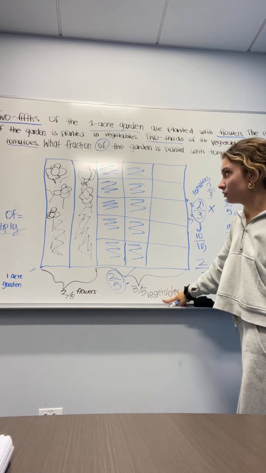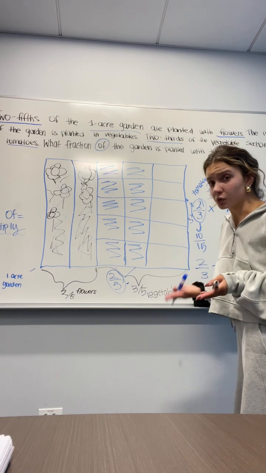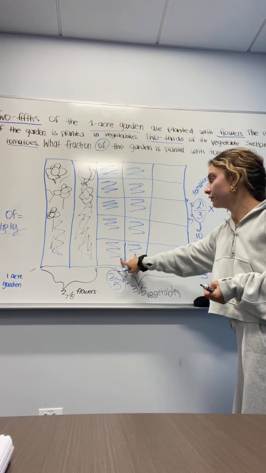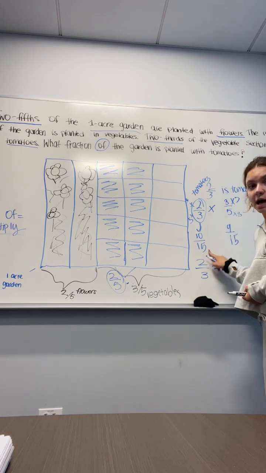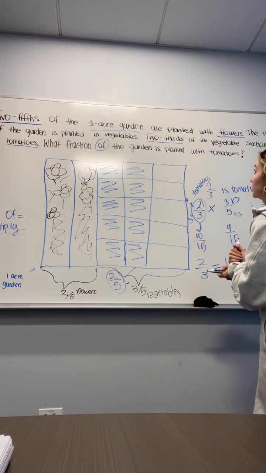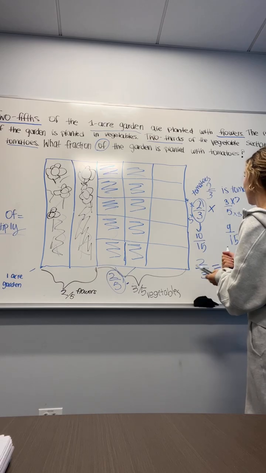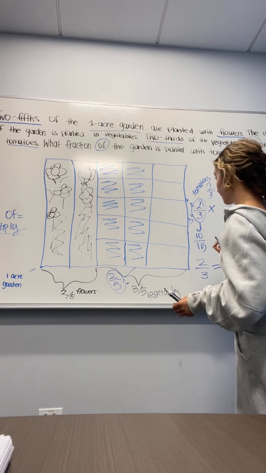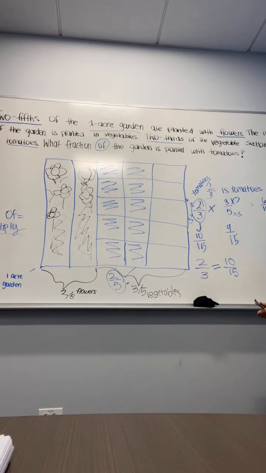And it wants to know what fraction of the vegetables is tomatoes. And it would be 2/5 because we found a common denominator. We needed to find 2/3 of 3/5 and simplify that, and we got 2/5.